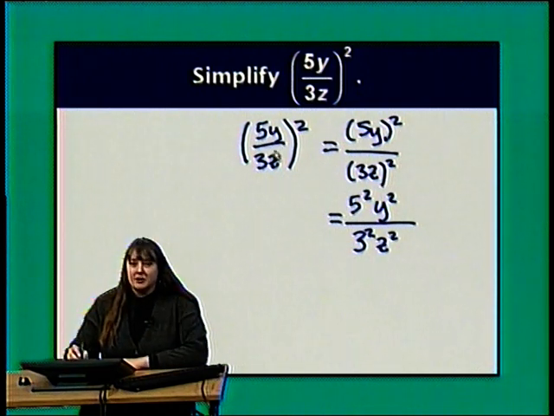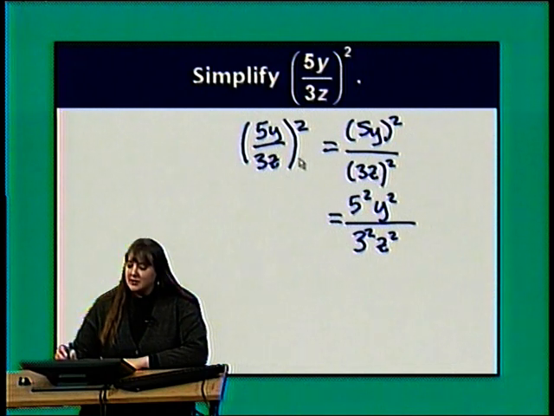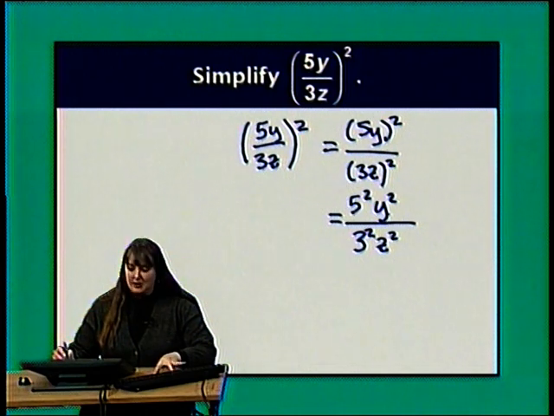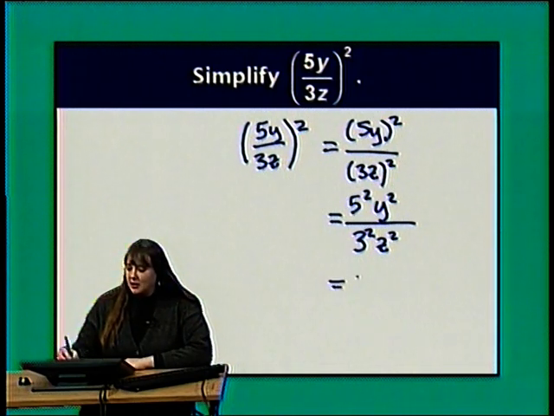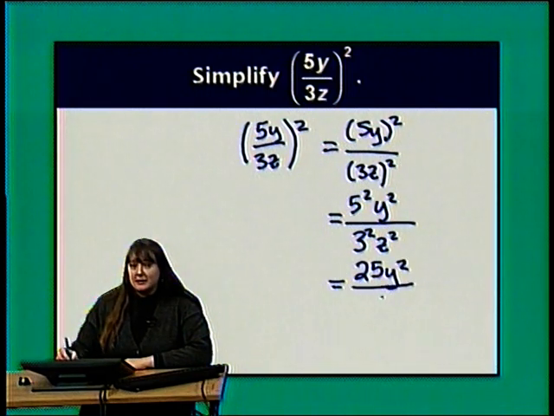Looking back to our original expression again, notice that this exponent of 2 distributed to every factor inside the parentheses, because exponents distribute over both multiplication and division. So let's simplify. In the numerator, we have 25y squared, and in the denominator, we have 9z squared.